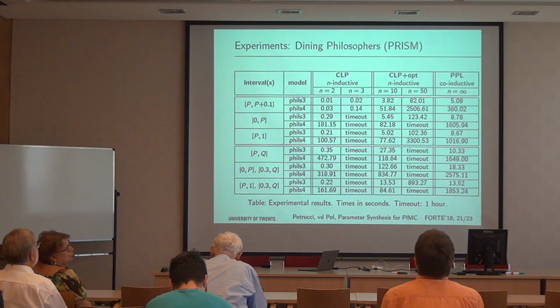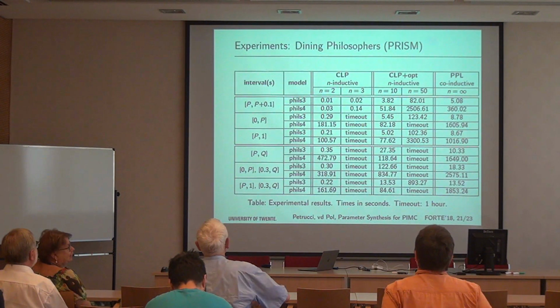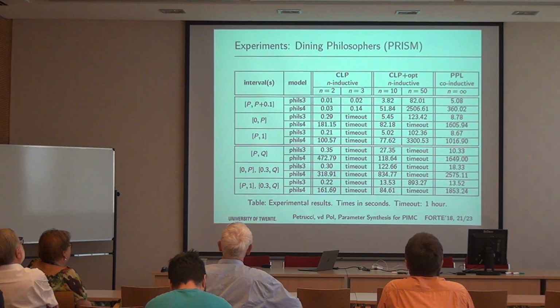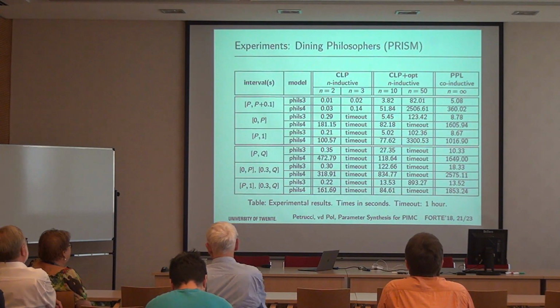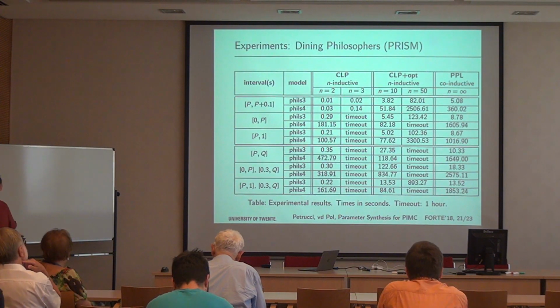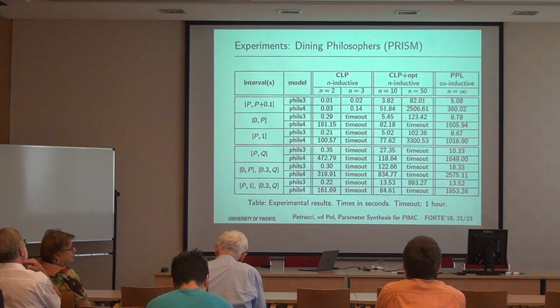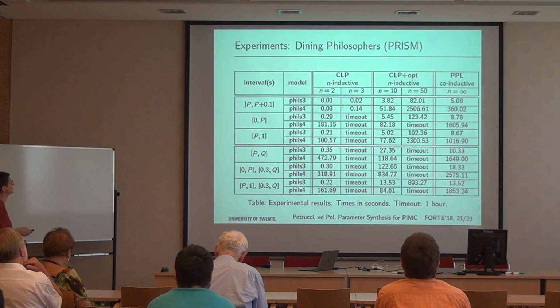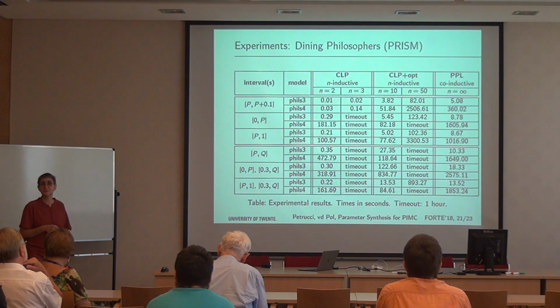So it's a tool that is quite well known and developed in Oxford. And so we took their implementation of these dining philosophers, especially because they have probabilities already on this model. But they have fixed probabilities, so we had to replace them to include some parameters and some intervals.